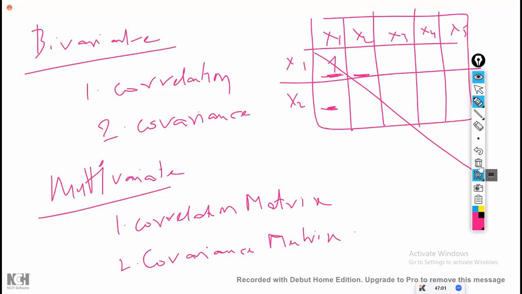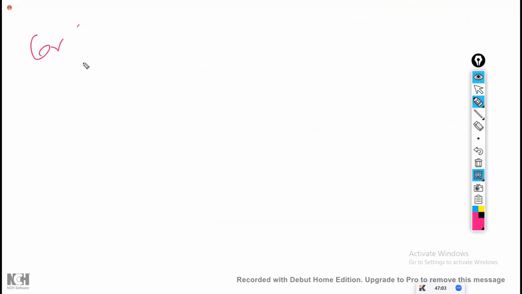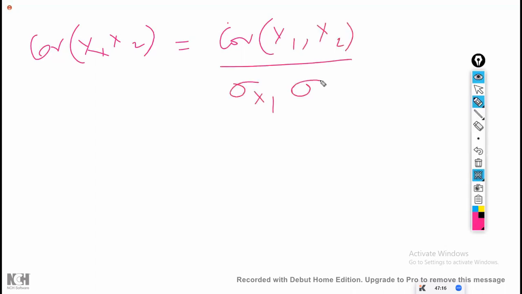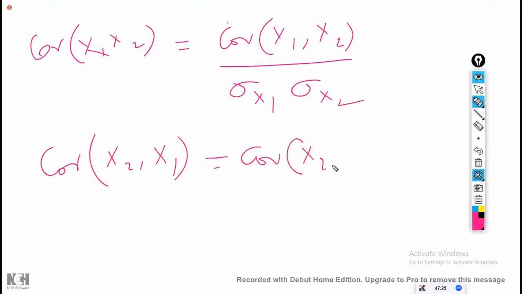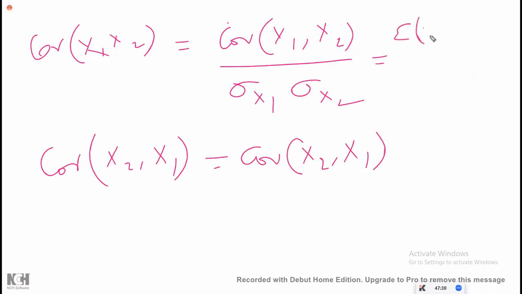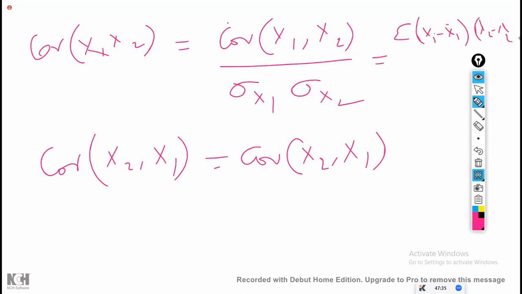Now just apply the logic. You are calculating the correlation of x1 and x2. Tell me, what is the formula? Covariance of x1, x2 divided by sigma of x1 into sigma of x2. This is the formula. Now, what is the correlation of x2, x1? It is covariance of x2, x1 divided by sigma of x2 into sigma of x1. Covariance of x1, x2 is sigma of x1 minus x1 bar into x2 minus x2 bar.